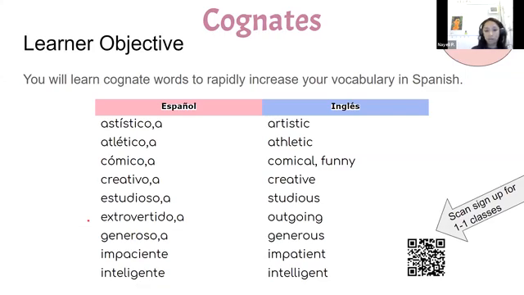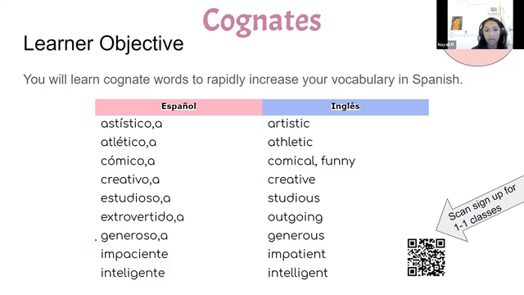Now I'm going to take longer for this one. Extrovertido. Extrovertido. That means extroverted, outgoing or extroverted.